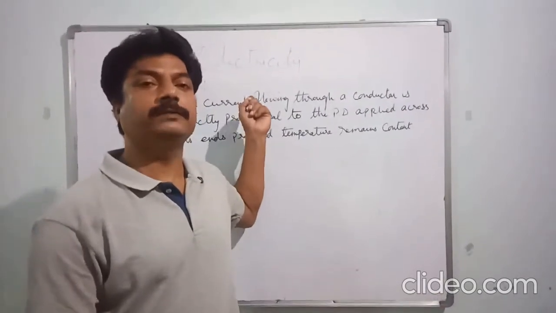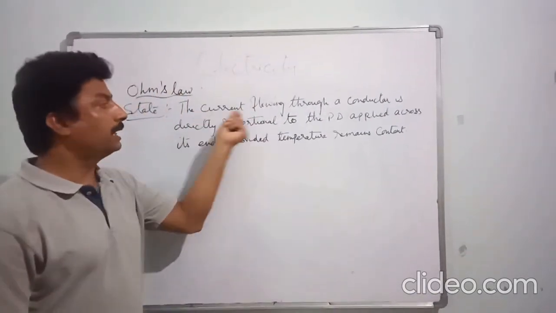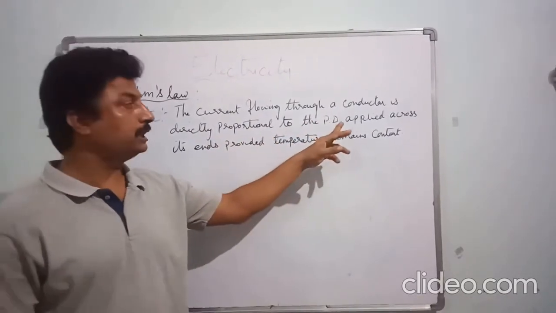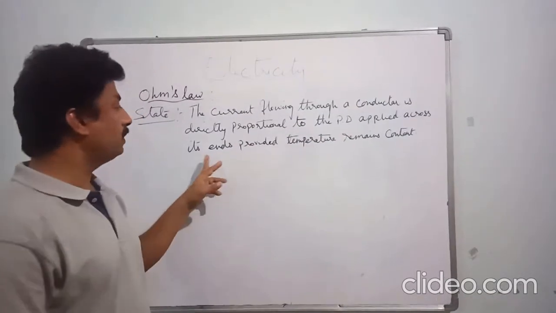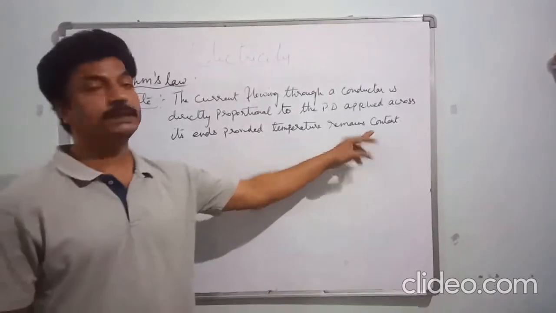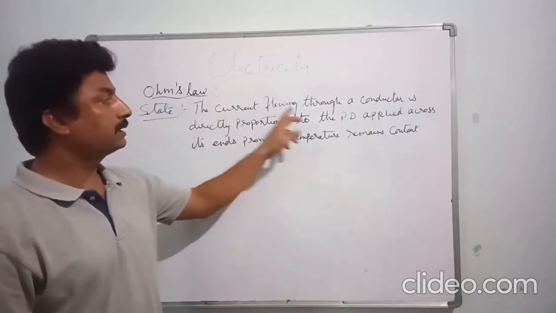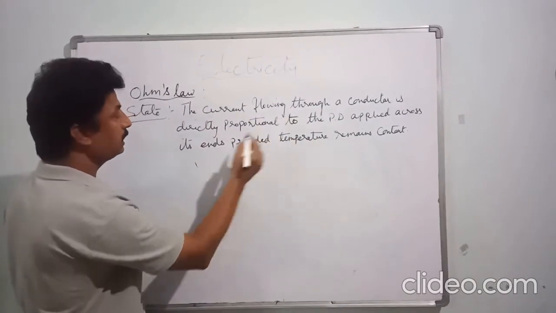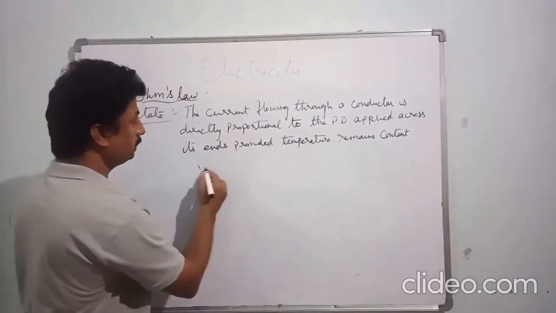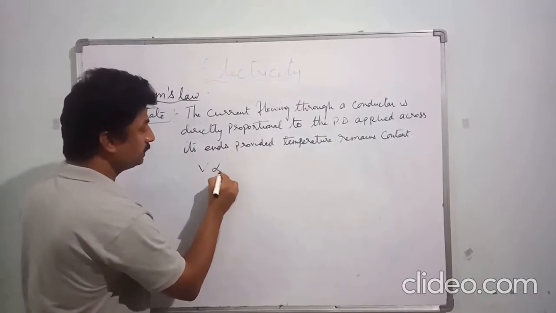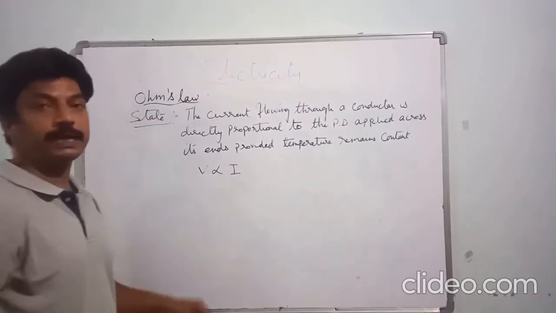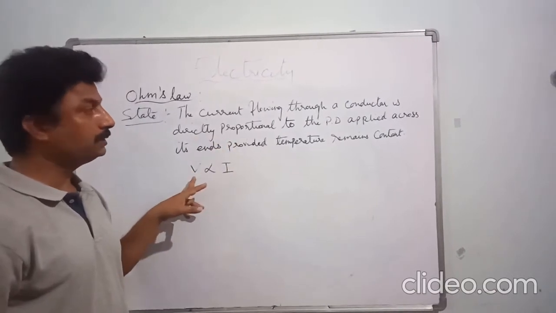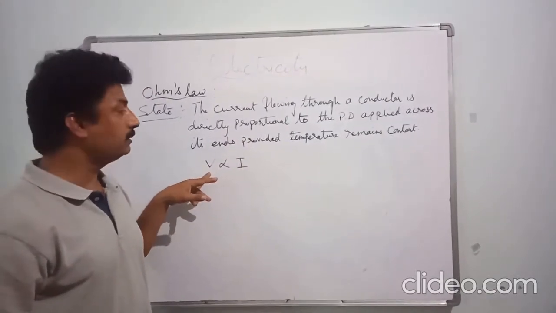Now the statement of Ohm's law will be: the current flowing through a conductor is directly proportional to the potential difference applied across its ends, provided the temperature remains constant. So V is directly proportional to I. The potential difference is nothing but the voltage.